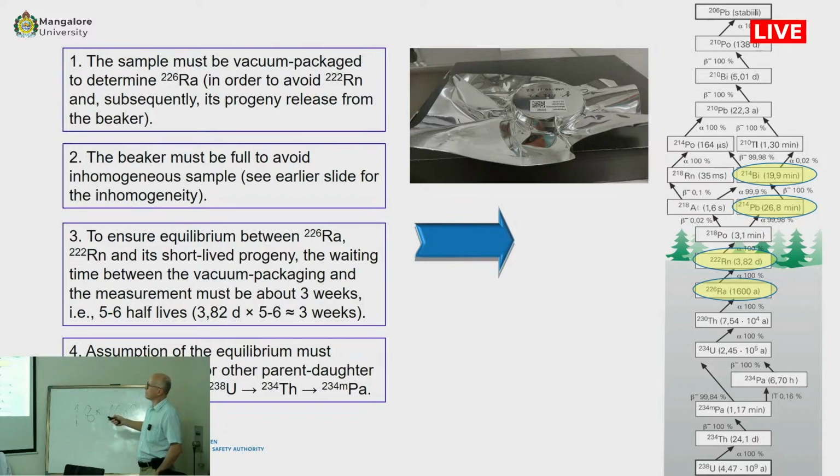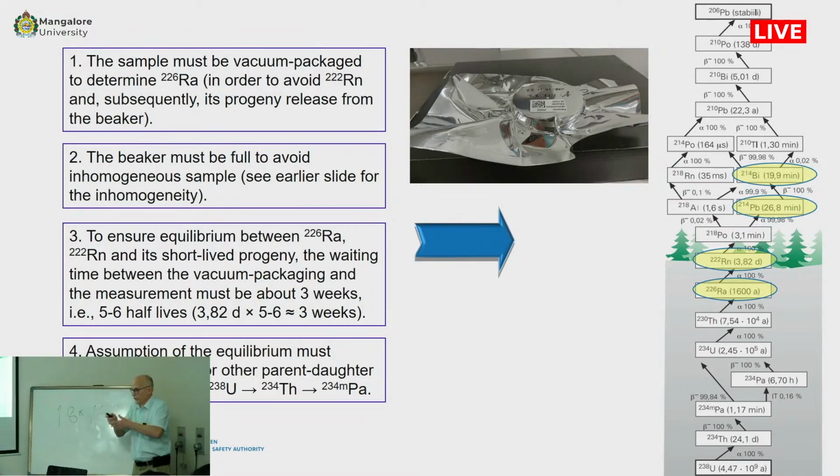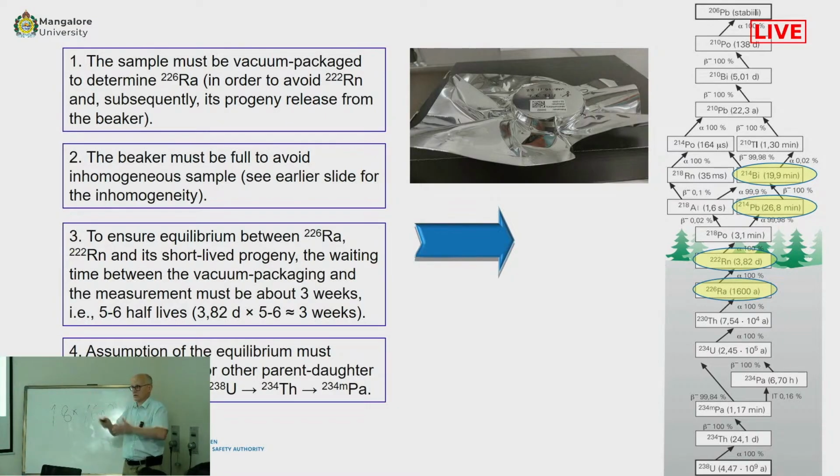Yes, if there is full equilibrium in the sample, then each radionuclide has the same activity. This is in the case of rocks, for example, but not necessarily in soil or plants, because there are biological effects, geological effects, very many different things. So equilibrium is very important.